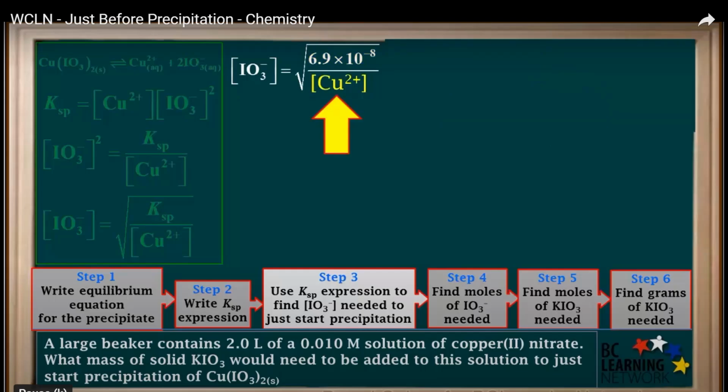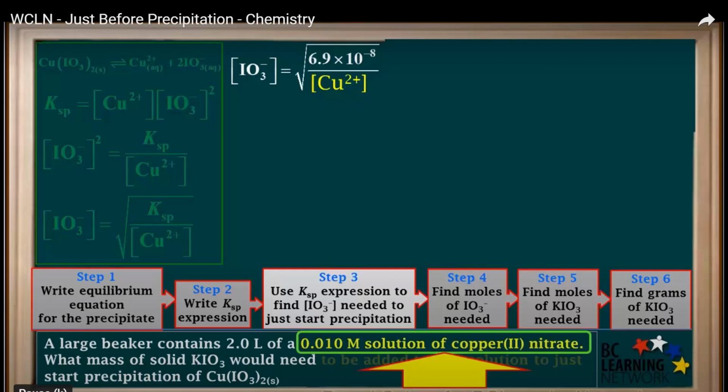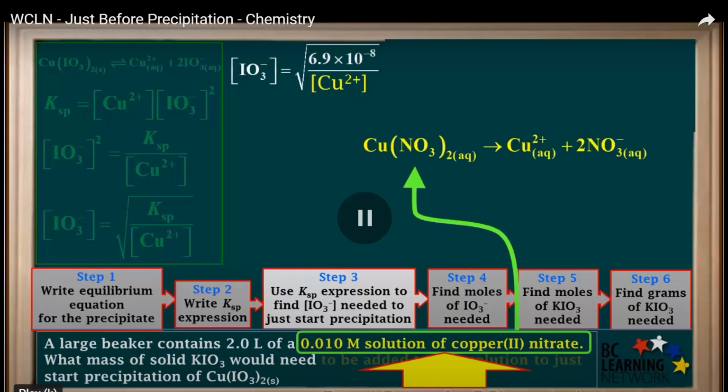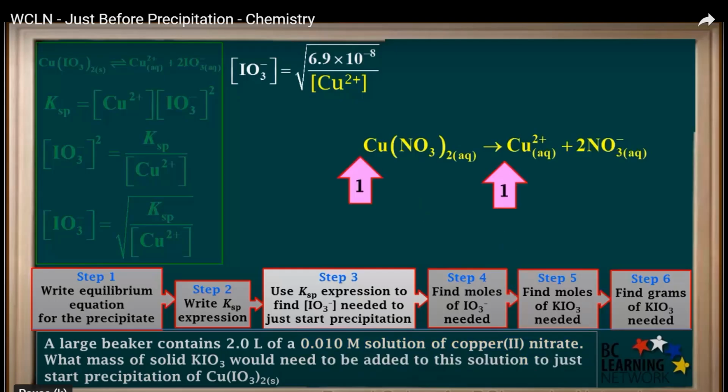Now we have to find the concentration of Cu2 plus. We see at the bottom that the solution was 0.01 molar copper 2 nitrate, 1-to-1. So if this is 0.01 molar, then copper is also 0.01 molar. Looking at the dissociation equation for copper 2 nitrate, we see that the coefficients on Cu2 plus and Cu(NO3)2 are both 1.